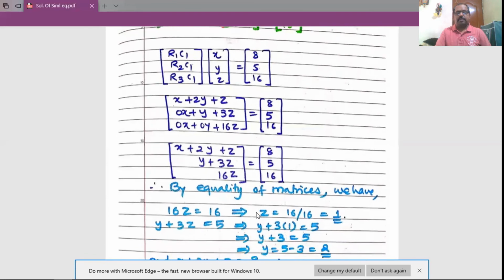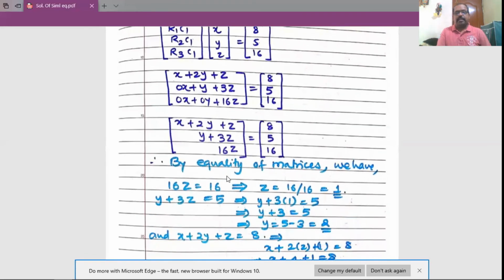So by equality of matrices, the third element will be equated with the third. It has only one variable, so 16z will be equated to 16, which gives us the value of z as 16 upon 16, that is equal to 1. So I got the value of z as 1. Now come to the second equation from the second element of this matrix.